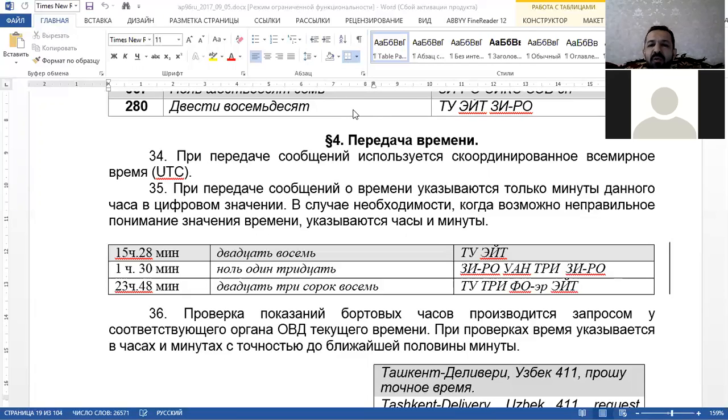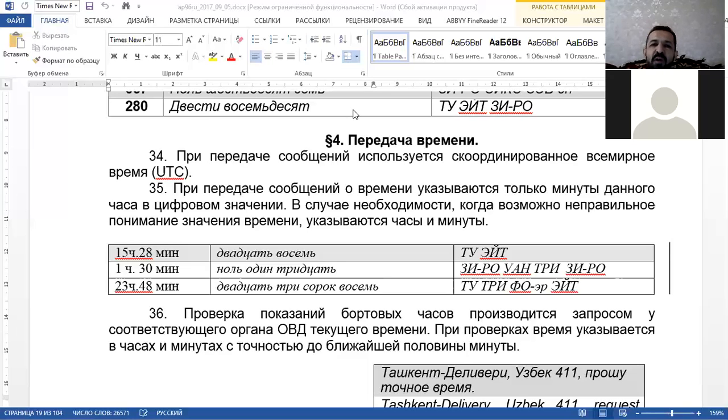You may also say 48 if the pilot and control know what time it is now. You can say just the minutes, 48. It depends on the situation. For safety reasons, if you are not sure, you may say the full time: time 2348.